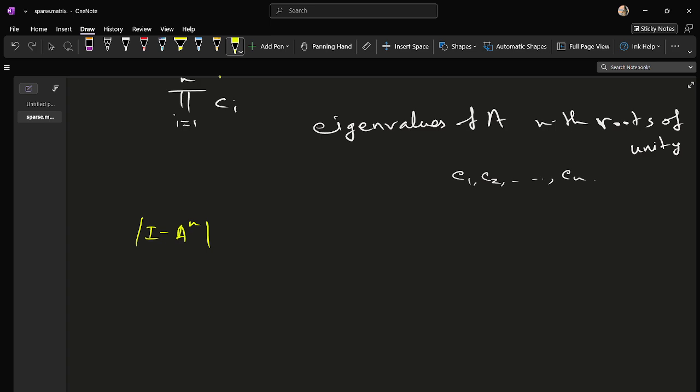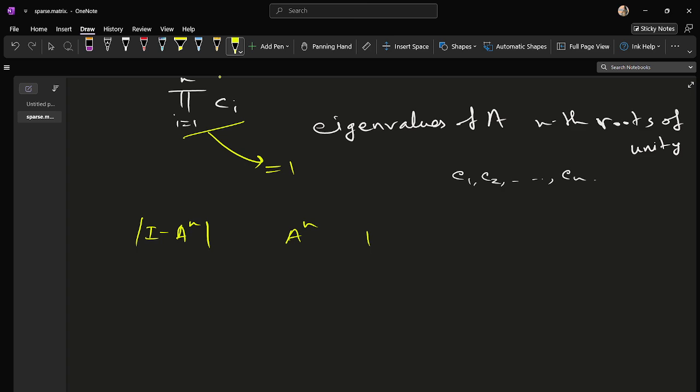This is influenced by whether the eigenvalues of A to the power n equal 1. Specifically, A to the power n has an eigenvalue 1 if this product is equal to 1. This follows because the eigenvalues of A to the power n depend on the product of the Ci.